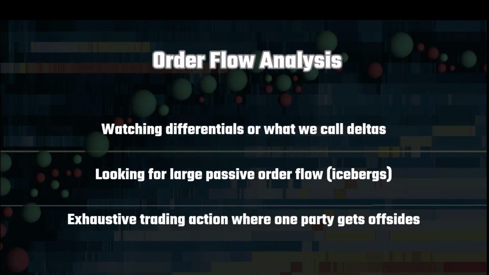The other thing that's important is looking for large passive order flow. Bookmap allows you to do that when you're looking at futures using Rithmic or Bookmap data. You can see the icebergs that may act as turning points if they're large enough in flow. Those can be pretty interesting to observe, especially if you see other confluent events happening around the same time, like exhaustive trading action and then an iceberg-driven reversal.